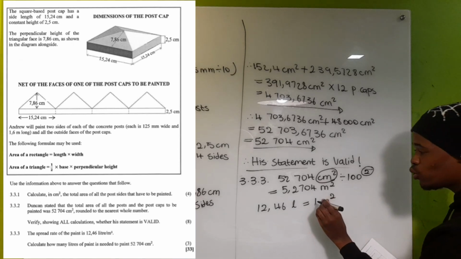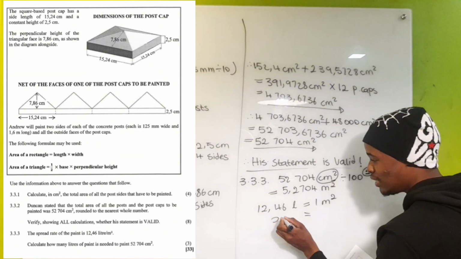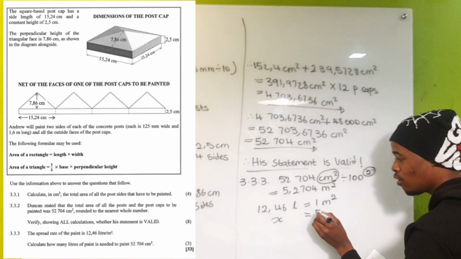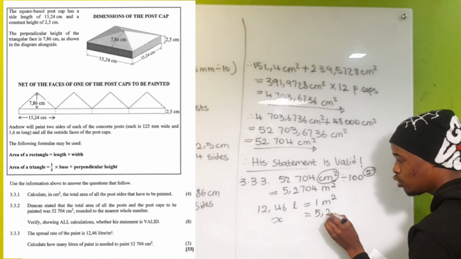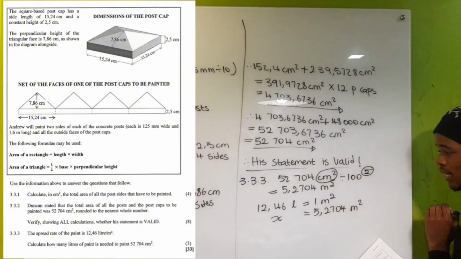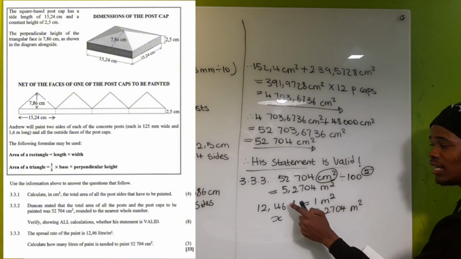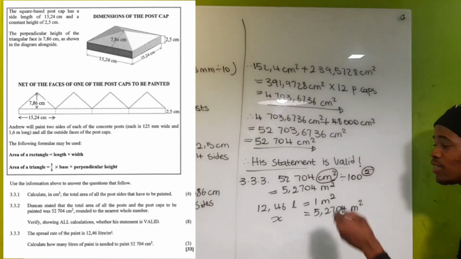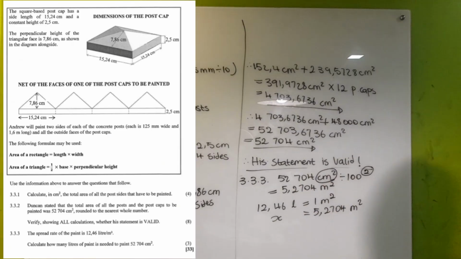Okay, so we want to know how many liters do we need to cover our area of 5.2704 meters squared. Meters squared on the same side, liters on the same side. We don't know the liters, we're looking for the liters. So now we're going to cross multiply.